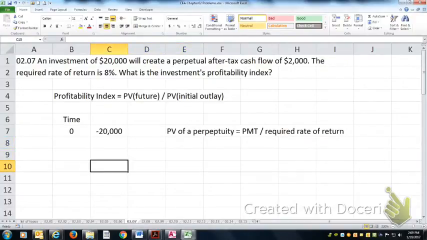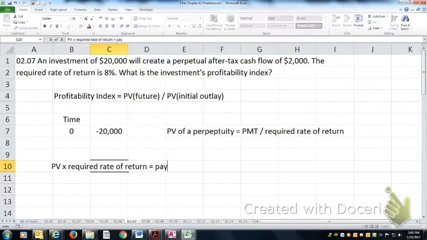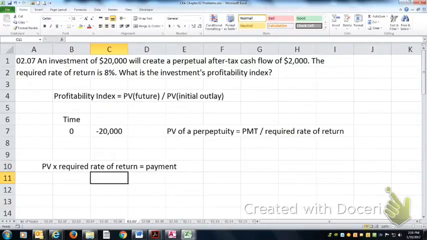If you took the present value, or the current price, the current value, and multiplied it by the required rate of return, that would give you a payment that is all interest but would never touch that present value. So if your present value is $100 and you require a 10% rate of return, then you could get a payment of $10 a year and never touch the principal.